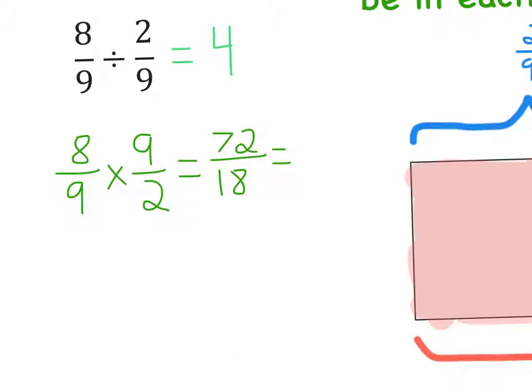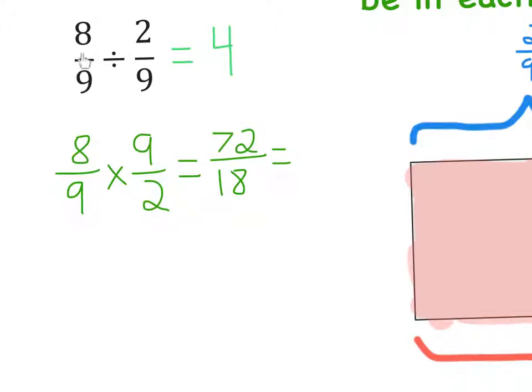So if you remember in lessons 1 through 4, we learned that we can take what we're dividing, in this case 2/9, and rewrite it as a multiplication problem by its reciprocal. So remember, the reciprocal is the number where you basically just switch the numerator and denominator, but if you multiplied 2/9 and 9/2, you would get 1, and that's what a reciprocal is.